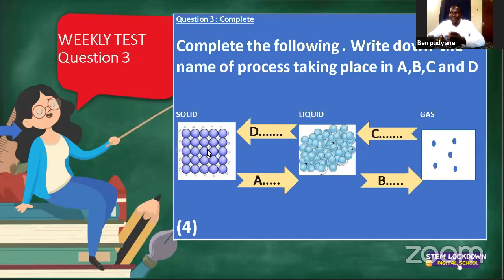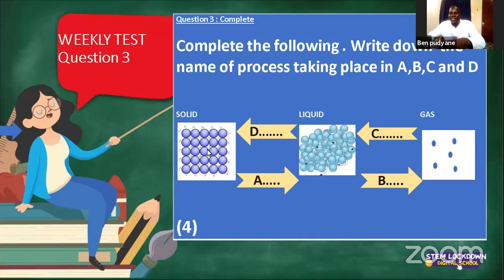In the middle is a liquid. The last one is a gas. Now, what process is taking place in number A? You write A and write the name of the process. Now, you come to number B. What process makes the liquid change to gas?